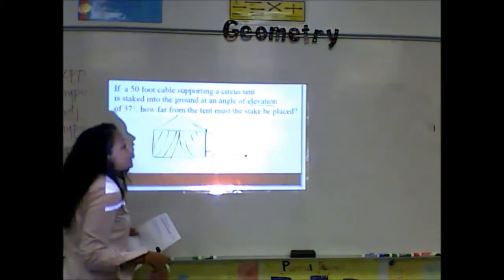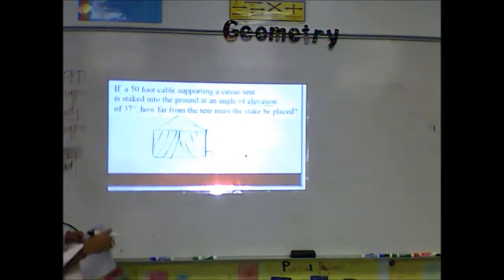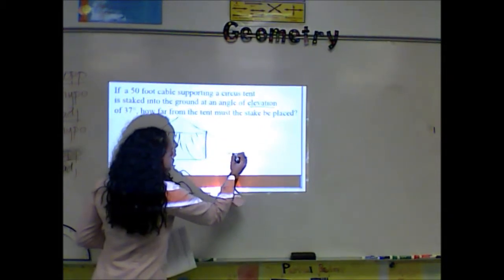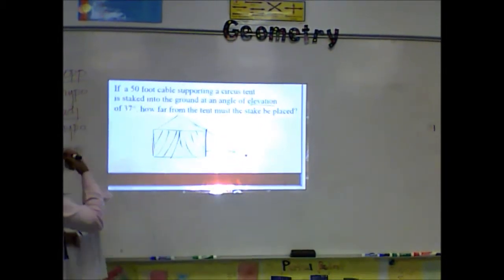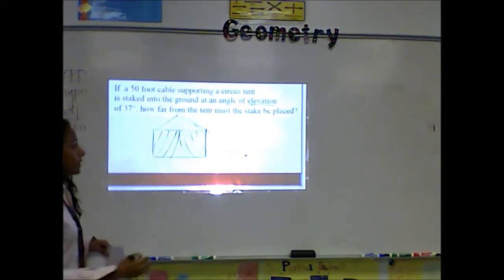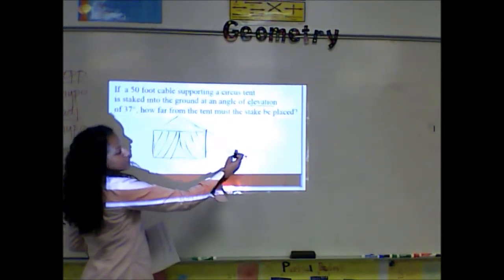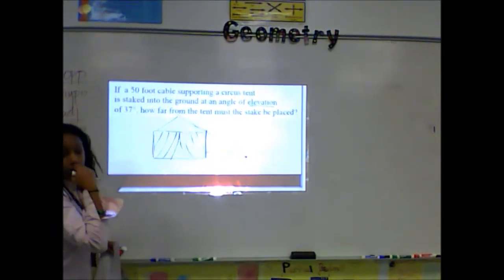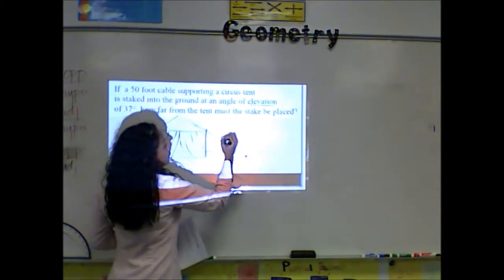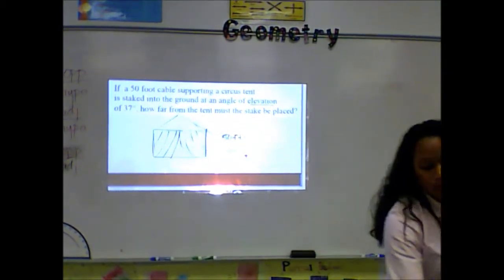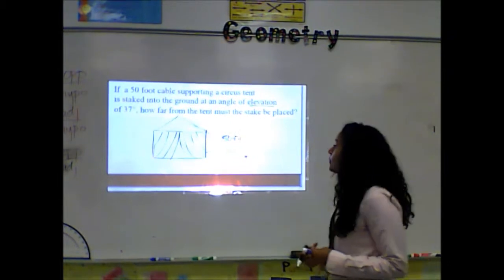Here is our right angle, and we have an angle of elevation that is 37 degrees. It's a 50-foot cable. Is that 50-foot cable going to be opposite from the 37 degrees, adjacent, or the hypotenuse? Hypotenuse. So the 50 feet needs to go right there. Make sure that your picture is labeled the exact same way.